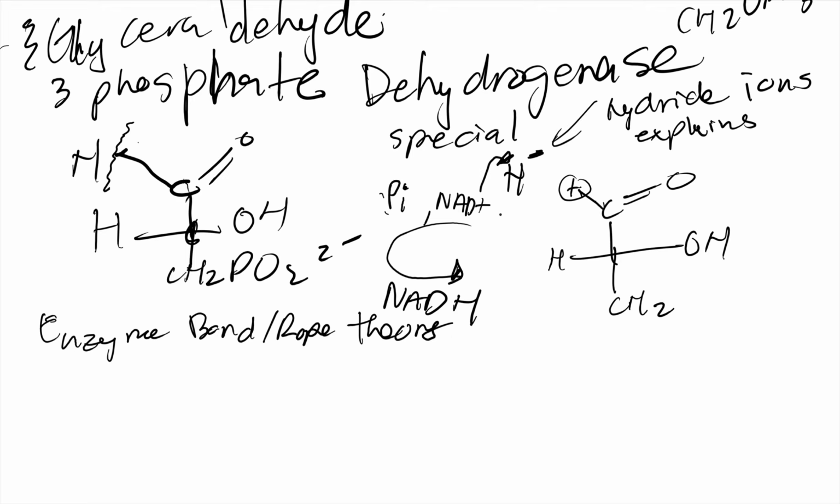So this phosphate group is negatively charged, so it's going to come and grab this positively charged carbocation or carbon, and now this is going to make this.